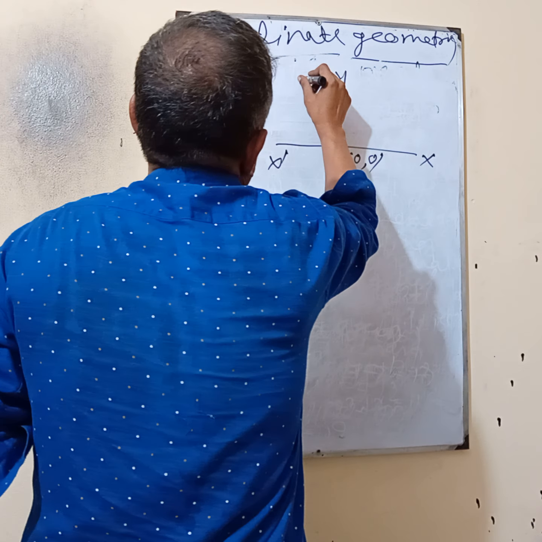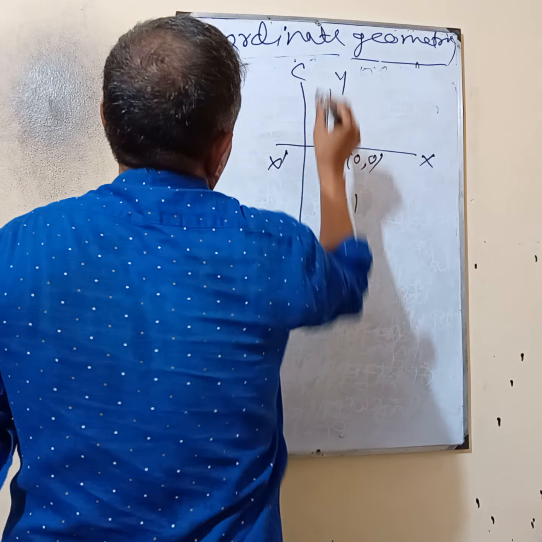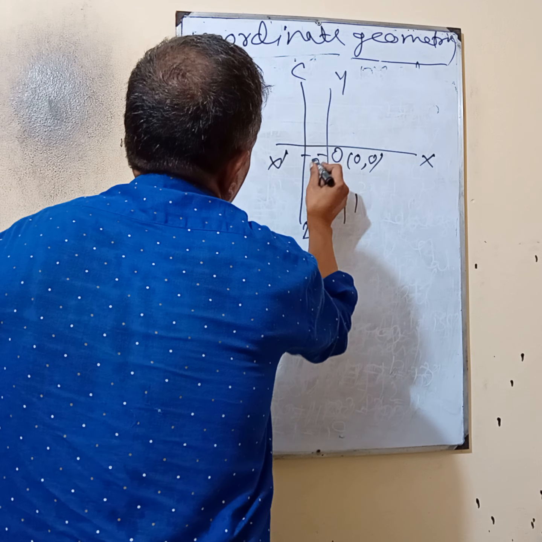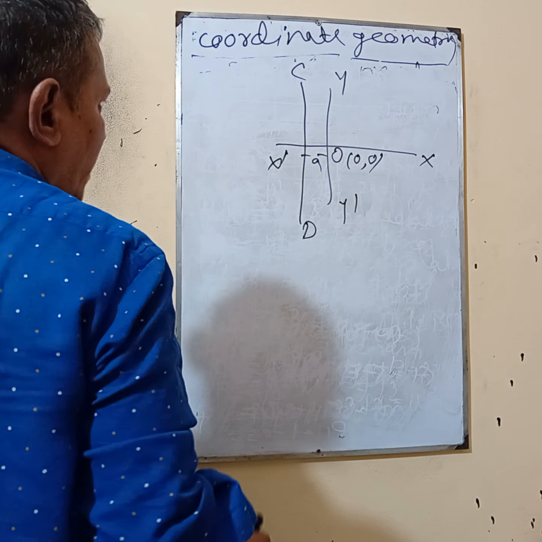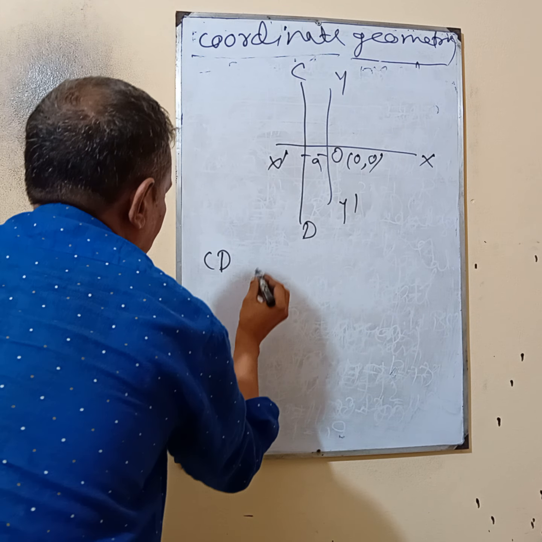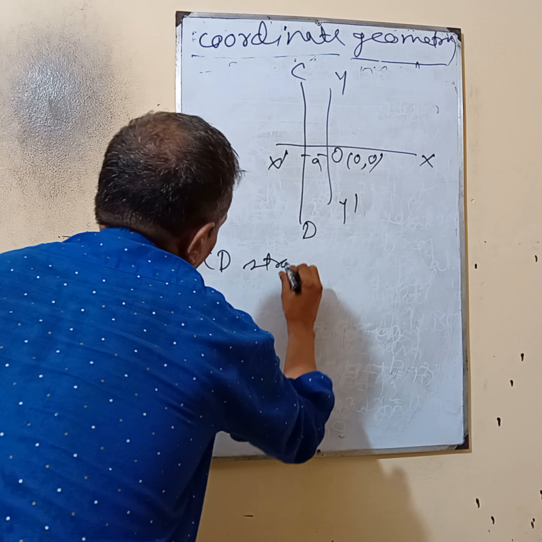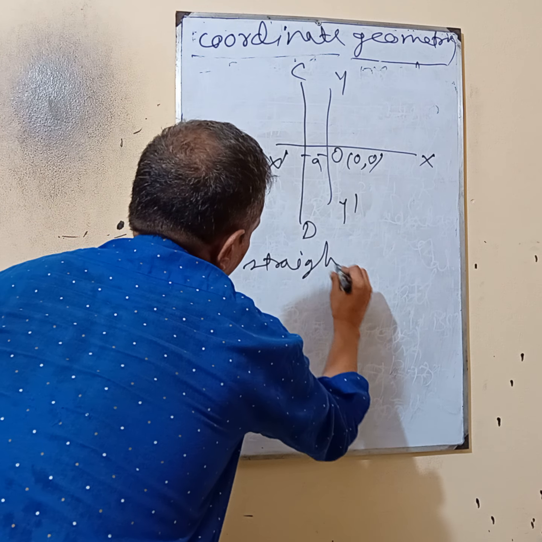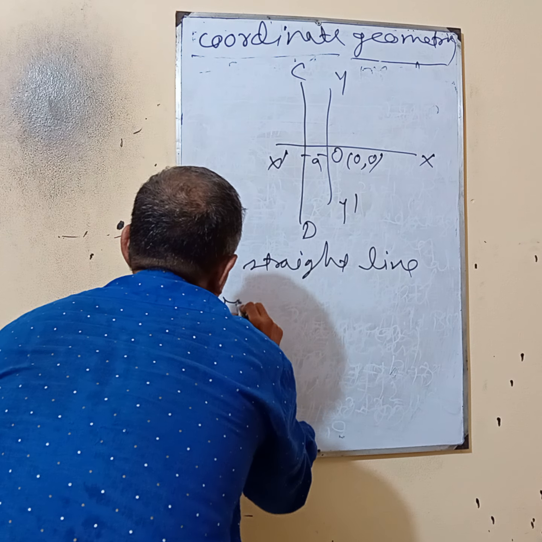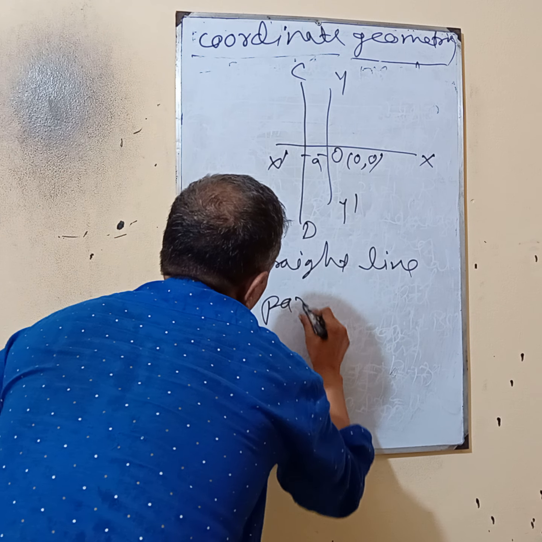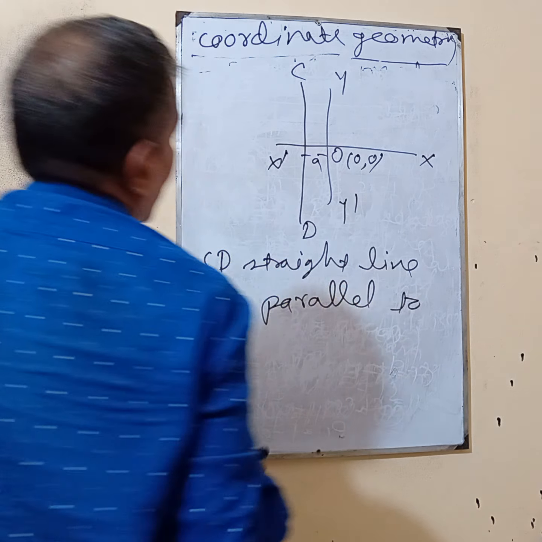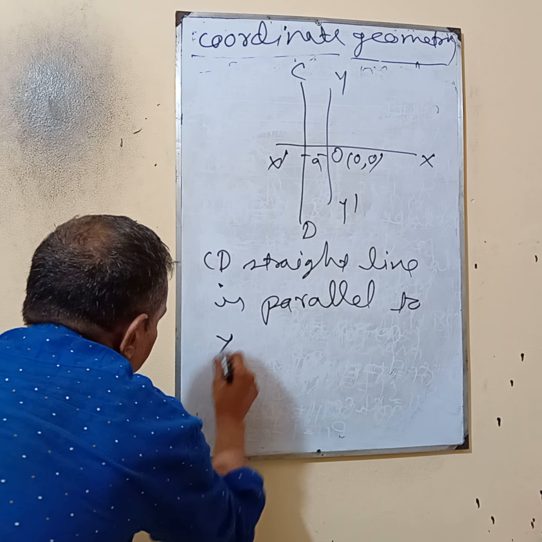Now CD is a line which is parallel to the y-axis.